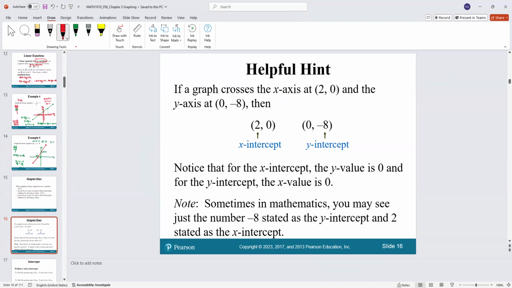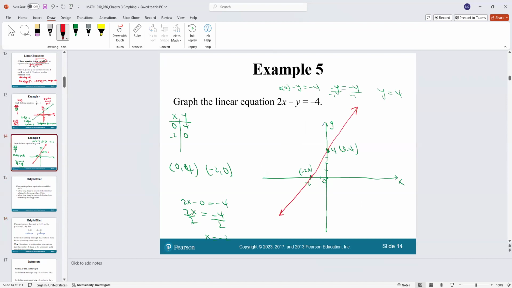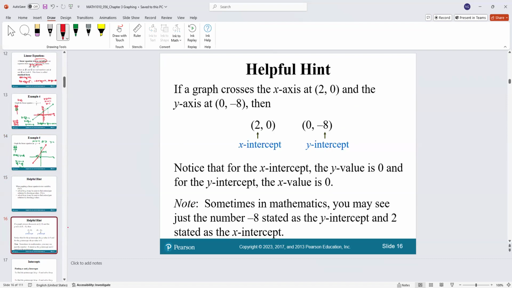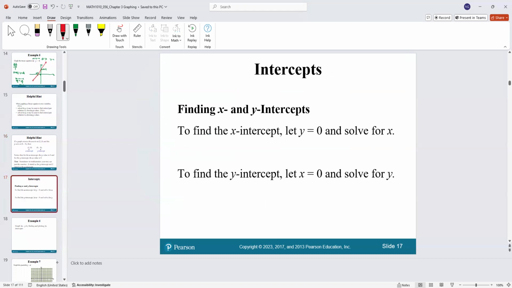So that's the other thing we're going to study. Notice that for the x-intercept, the y is 0, and for the y-intercept, the x is 0, because that's what I just did with the previous examples. I set x equal to 0, I obtain y, and then I set y equal to 0, I obtain x. We call those intercepts. Sometimes in mathematics, you may see just the number -8 stated as the y-intercept and 2 stated as the x-intercept, because the other coordinate is 0.